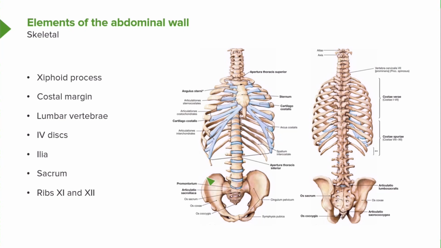We have the ilia, right and left, and it would be the area above this particular line, extending above. Those help to define the abdominal wall. So it would be the wing-like extensions of the ilia. We also have the superior aspect of your sacrum that we see along here, but not below.